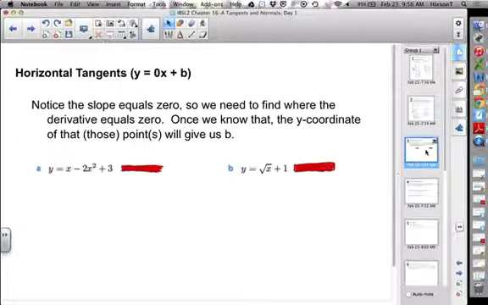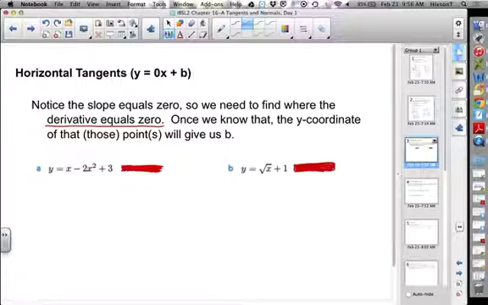So we need to find where the derivative equals 0. That's the key to this whole part. Probably in this chapter, there's no more significant application than this right here.